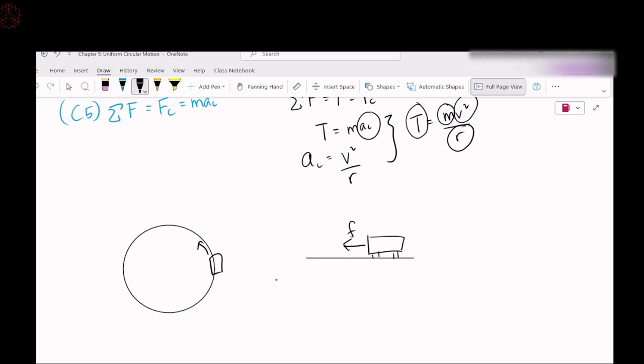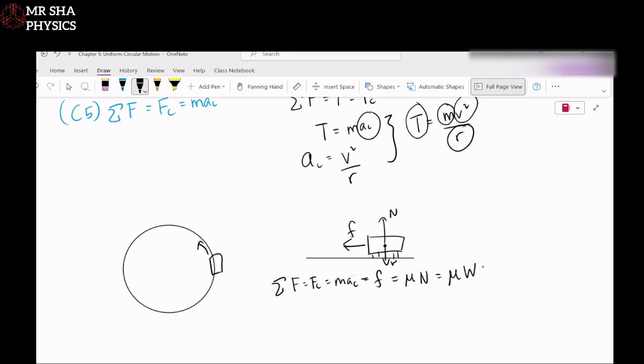If I apply the summation of F equals FC equals MAC, I will find that this is equal to my frictional force. My frictional force is also equal to mu N, and I have N going upwards and weight going downwards, so it is just mu times weight.